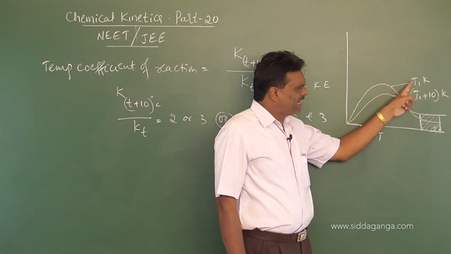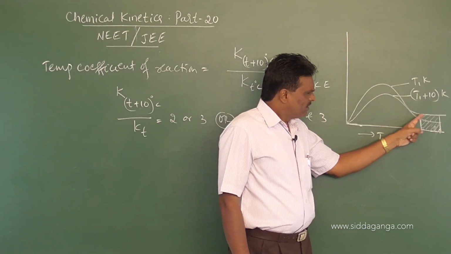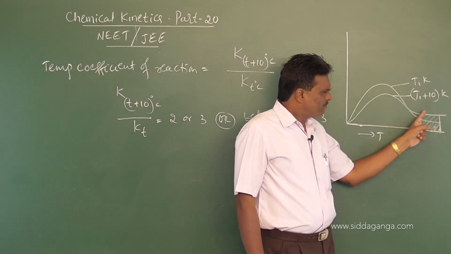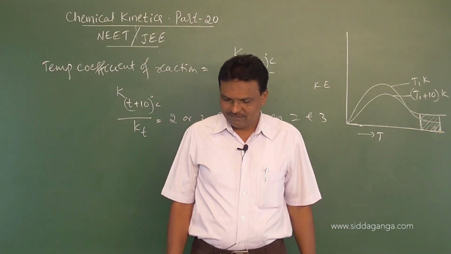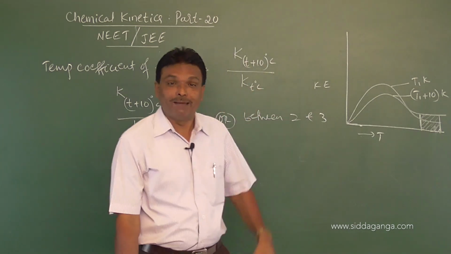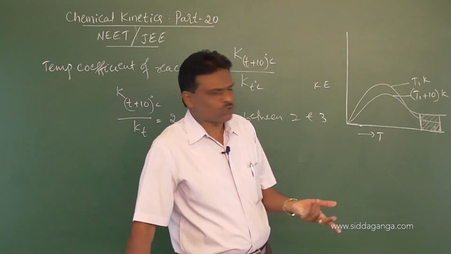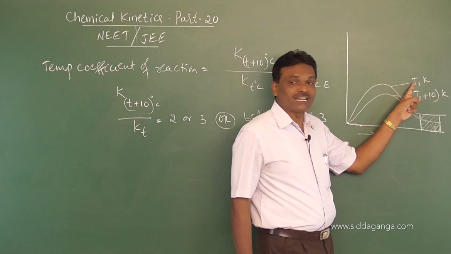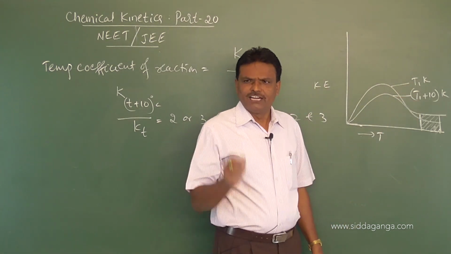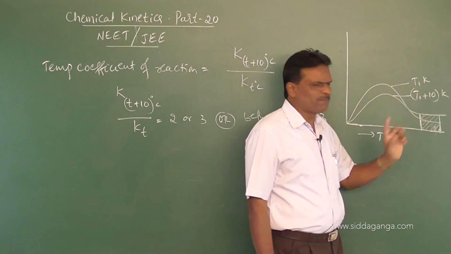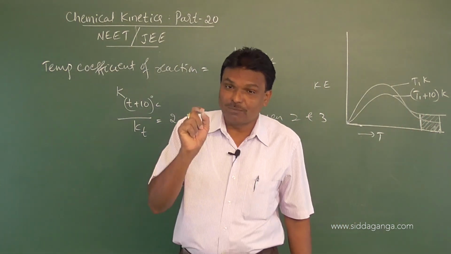So for every 10 degree rise in temperature, in the reaction vessel, the volume occupied by the activated molecules doubles when the temperature is raised by 10 Kelvin. It means that for every 10 degree rise in temperature, rate of reaction becomes doubled.